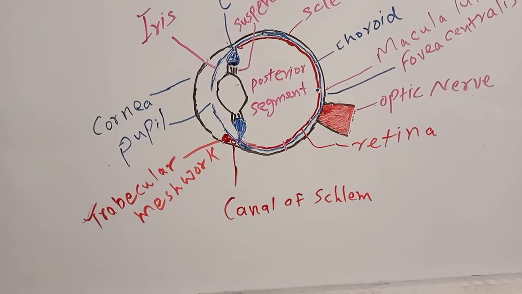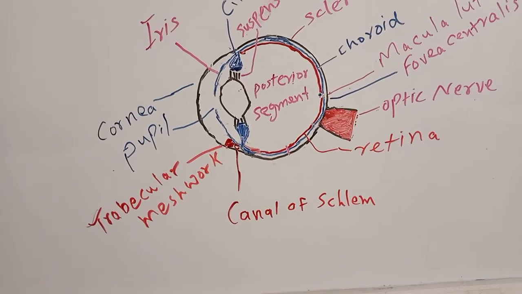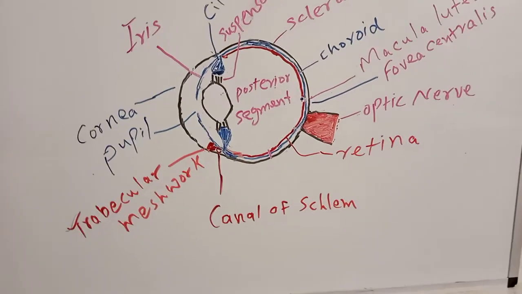We know there are two types of cells in the retina, rods and cones. Rods are for black and white vision and cones are for colored vision.